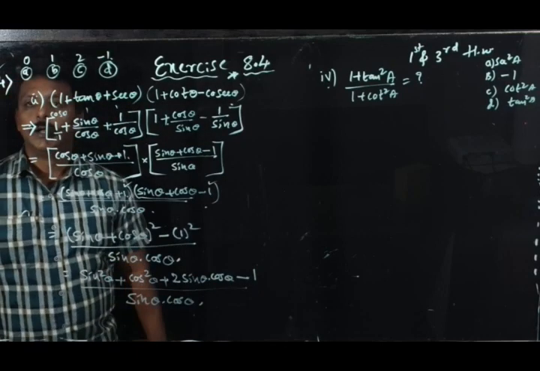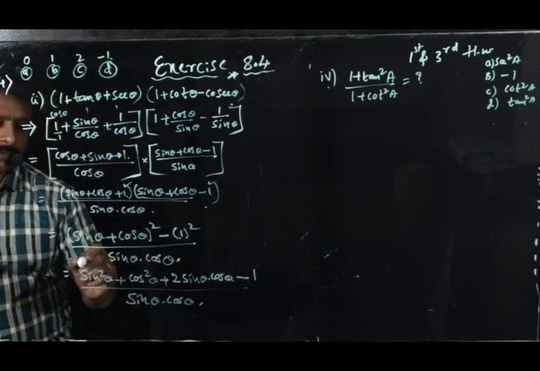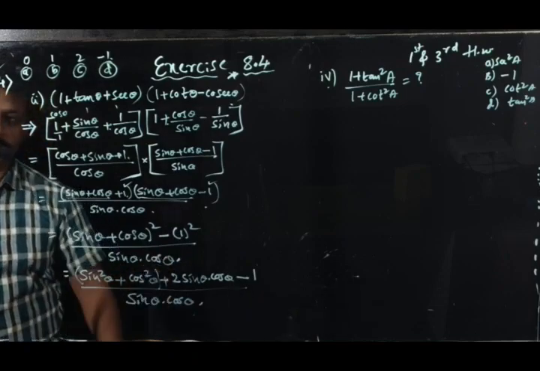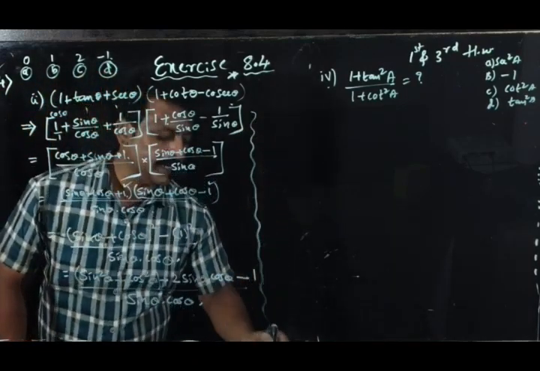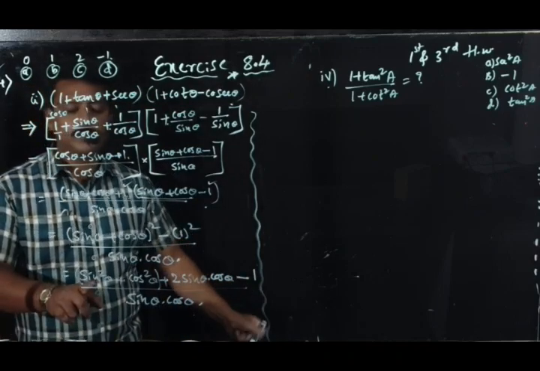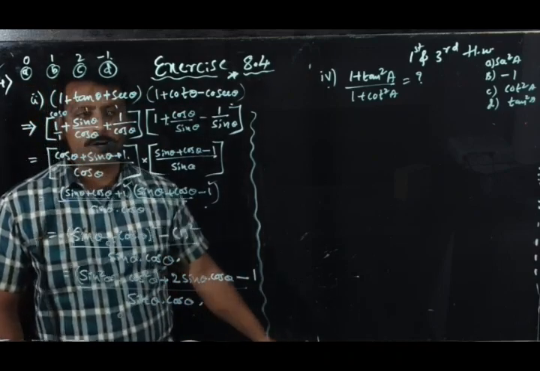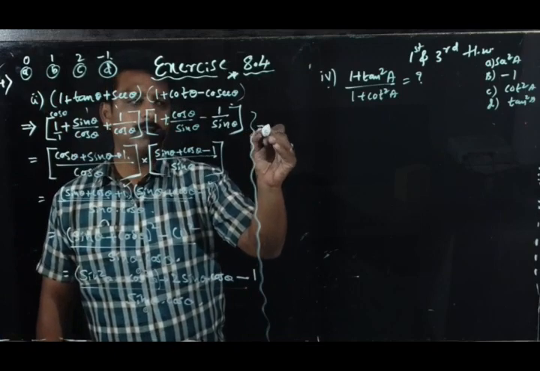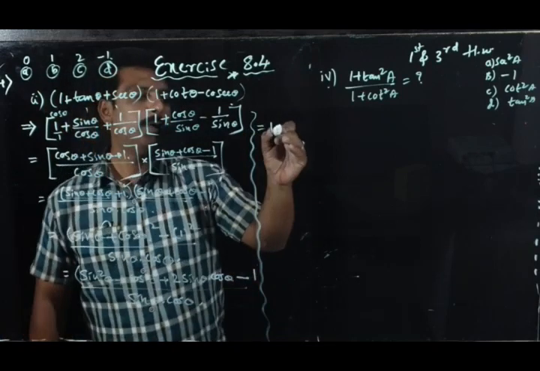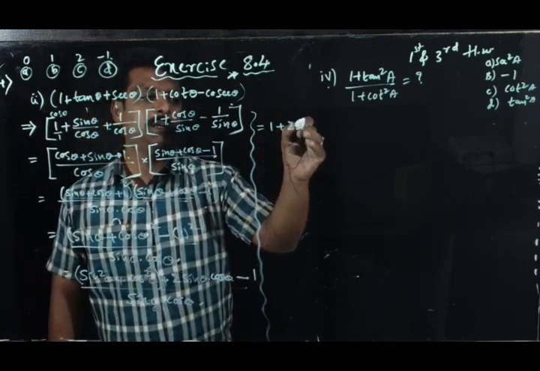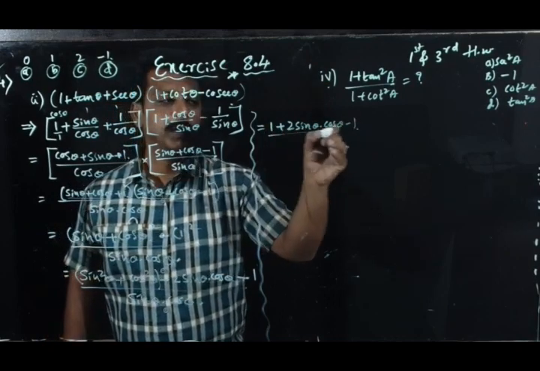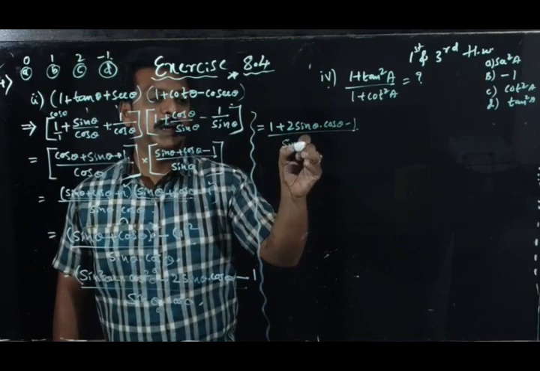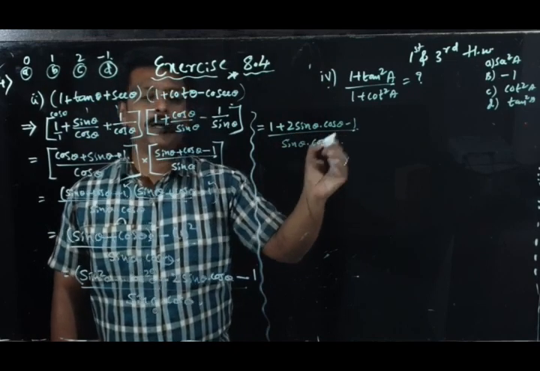Now all of you use your brain. Sine square theta plus cos square theta is equal to what? 1. So I continue: 1 plus 2 sine theta into cos theta minus 1, divided by sine theta into cos theta.